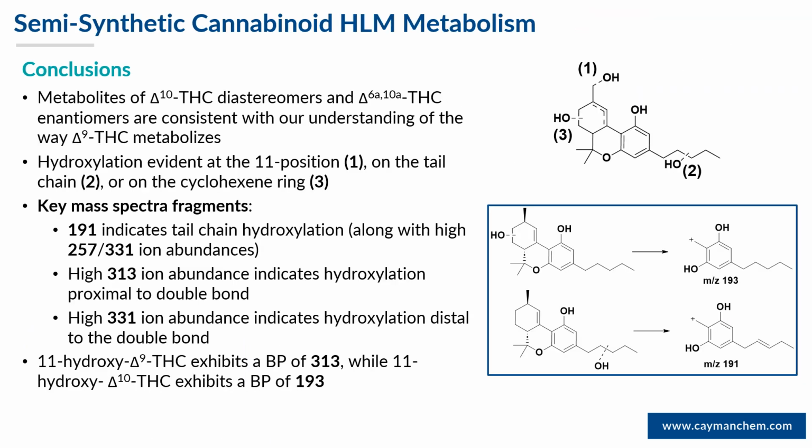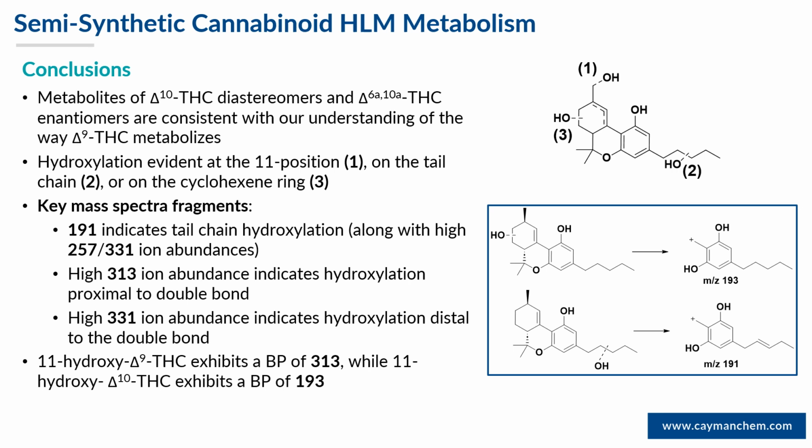Ultimately, our human liver microsome metabolism study on these semi-synthetic cannabinoids helped us to identify metabolites that we expect to find based on our understanding of Δ9-THC and the way it metabolizes. We found evidence of hydroxylation at the 11 position, on the tail chain, and elsewhere around the cyclohexene ring.